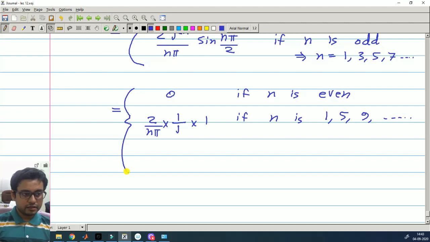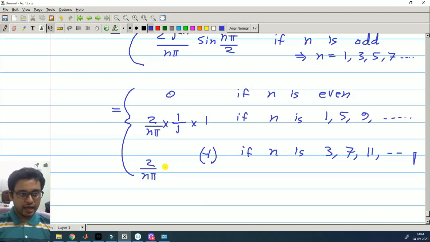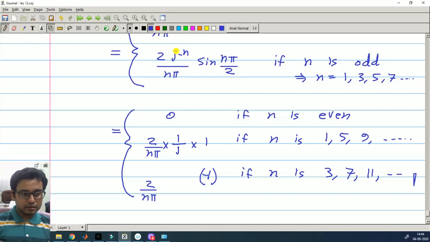And then if n is 3, 3 plus 4 is 7, 7 plus 4 is 11, etc., in that case sine n pi by 2 will be minus 1, then this 2 by n pi as it is, and this j to the power minus n will be j.